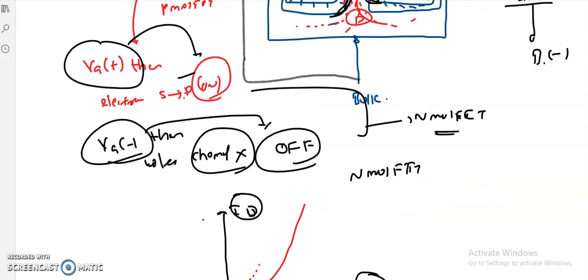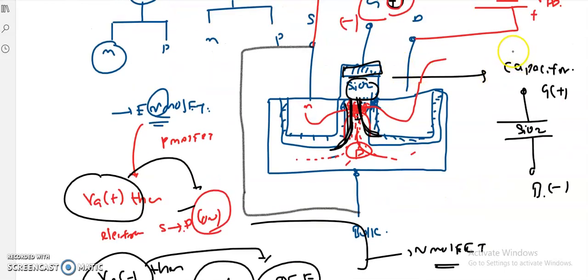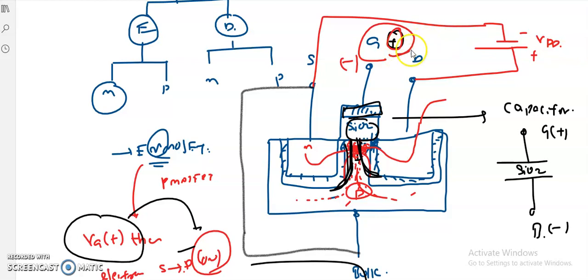Threshold voltage means whenever the VGS is positive, the channel will not form immediately. Why? Because whenever the gate voltage is positive, first of all, the minority charge carriers of the p-type, those are electrons, have to accumulate here, and after accumulation the depletion layer has to be cancelled out.